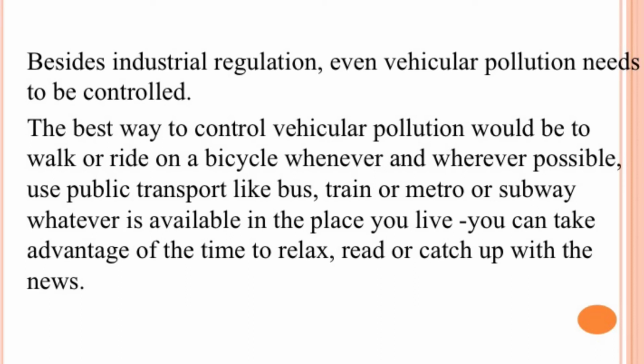The best way to control vehicular pollution would be to walk or ride on a bicycle whenever and wherever possible. Use public transport like bus, train or metro or subway, whatever is available in the place you live. You can take advantage of the time to relax, read or catch up with the news.